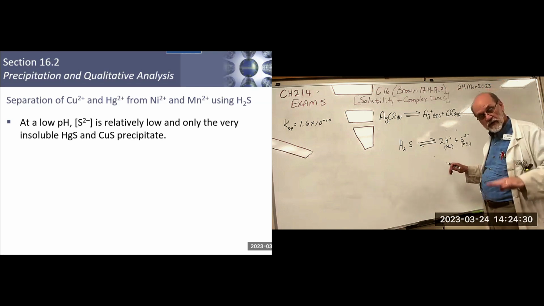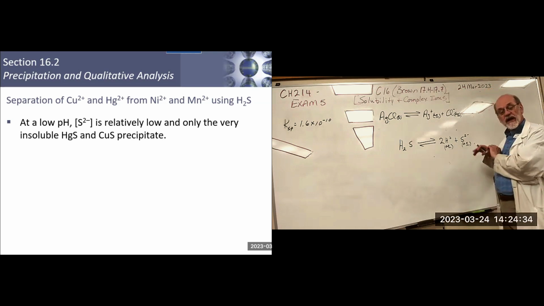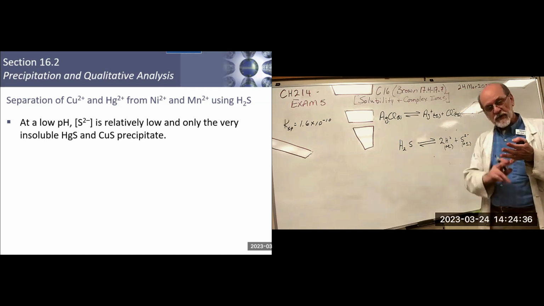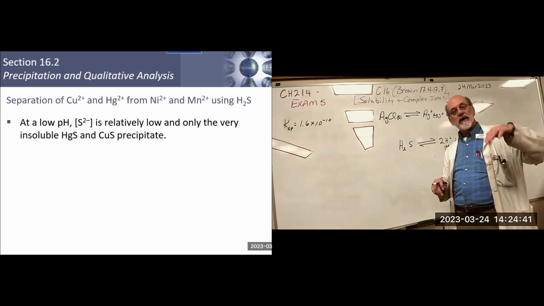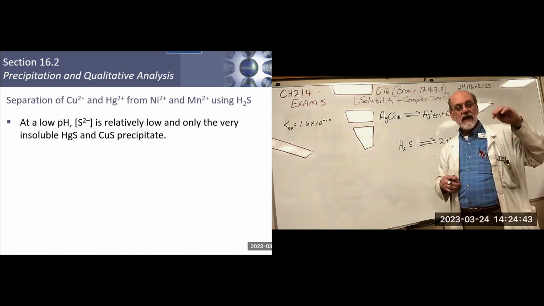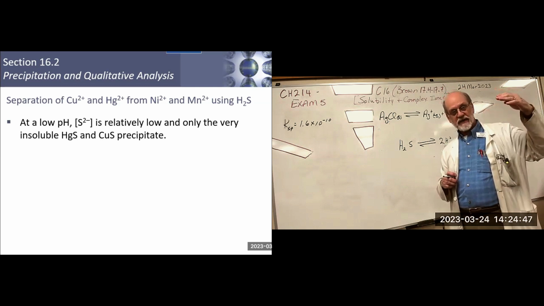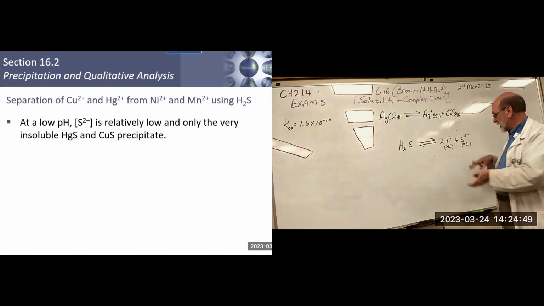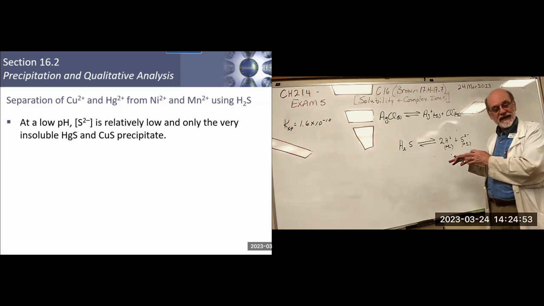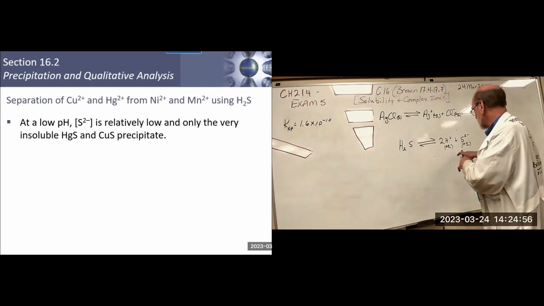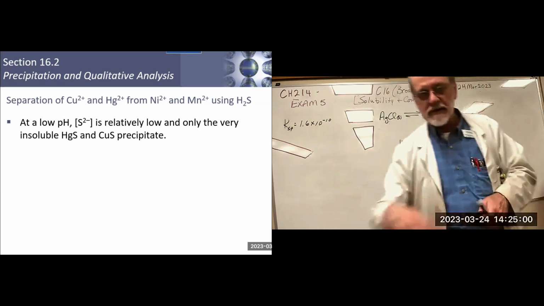They have very low solubility products. So we don't want a lot of this in there. We just want enough to precipitate the mercury and the copper, but not enough to drive the Q of the nickel and the manganese sulfides above their KSP. So we keep this very low in our first step. That means it needs to be in acidic solution. This needs to be acidic or low concentration.